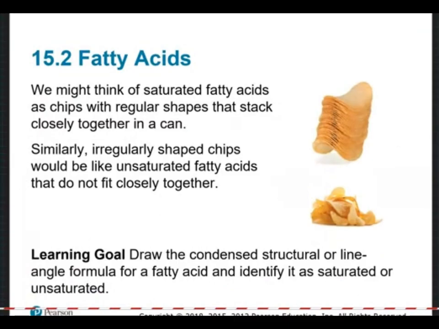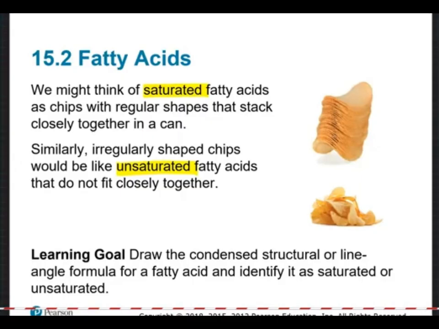So, fatty acids. Within fatty acids, there are 2 main categories: saturated and unsaturated. In the very basic way, saturated fatty acids are sort of straight molecules without any bends. Unsaturated fatty acids are kinked very often.